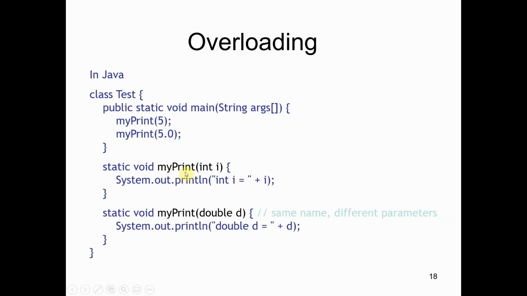If you don't use overloading, you will have a myPrintInteger, myPrintDouble, and myPrintString, which is kind of annoying. By using polymorphism, they are all considered myPrint. From the programming point of view, you can put whatever in here, and Java will recognize which method to use. It's very convenient.